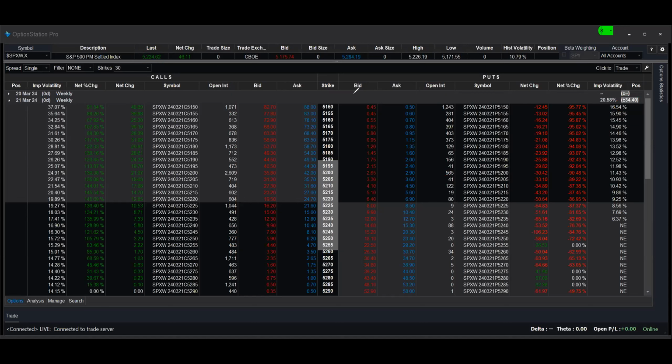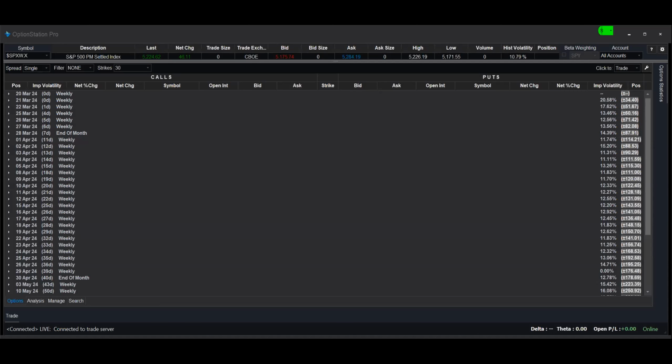So I select my same day expiration options, which are what? March 21st, which is tomorrow. I want my 7 days out. And then I want what?